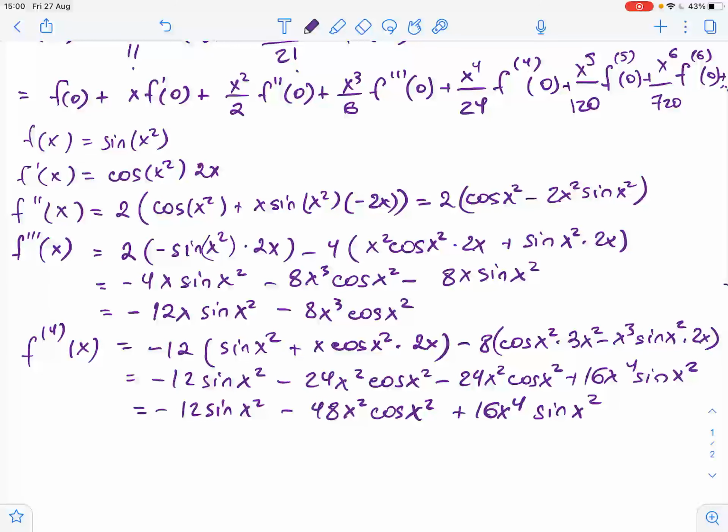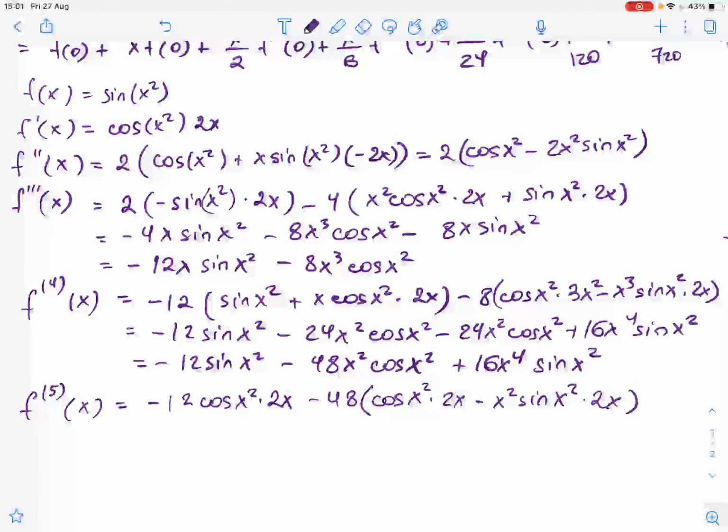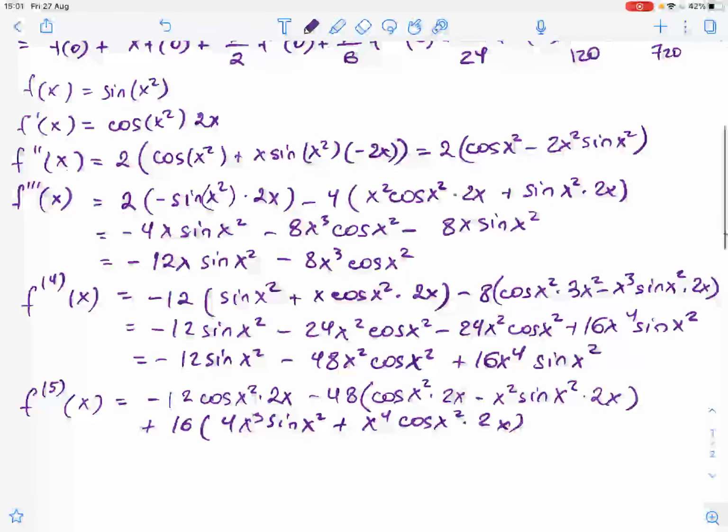Well, now let's find the fifth order derivative of f of x. It equals negative 12 times cosine of x squared times 2x minus 48 times cosine of x squared times 2x minus x squared times sine of x squared times 2x, and plus 16 times 4x cubed times sine of x squared plus x to the fourth power times cosine of x squared times 2x.